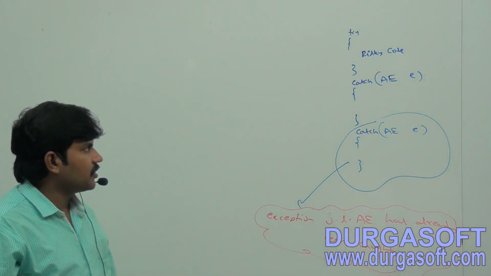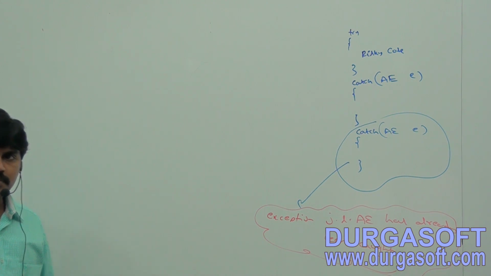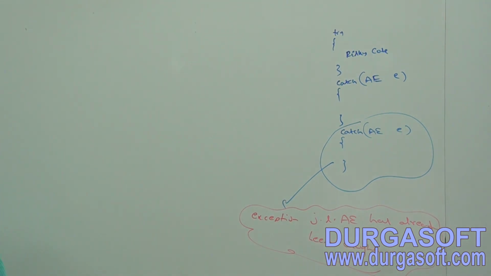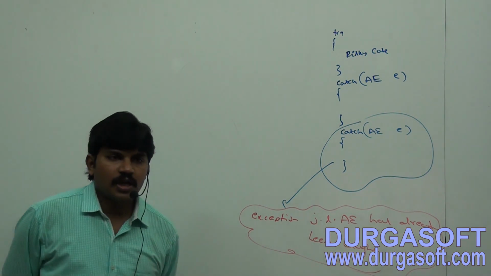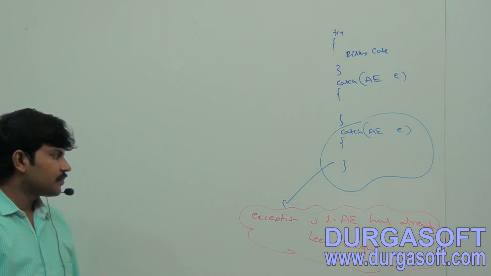Take this point: try, risky code, catch block with ArithmeticException e, catch block with ArithmeticException e again.